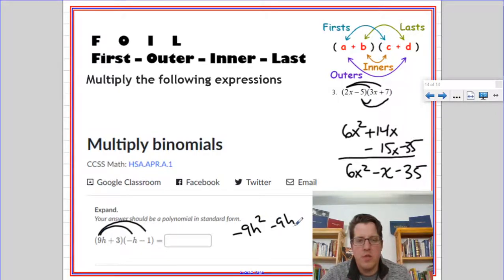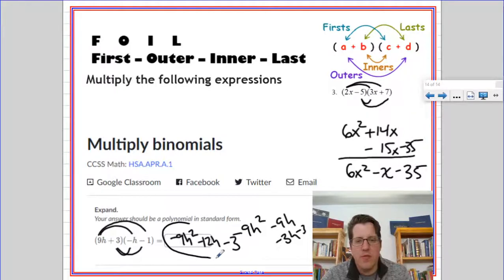Then 9h times 1 gives minus 9h. 3 times -h is going to be -3h. And then 3 times -1 is minus 3. So that's going to give us -9h squared minus 12h minus 3. That's our final answer.